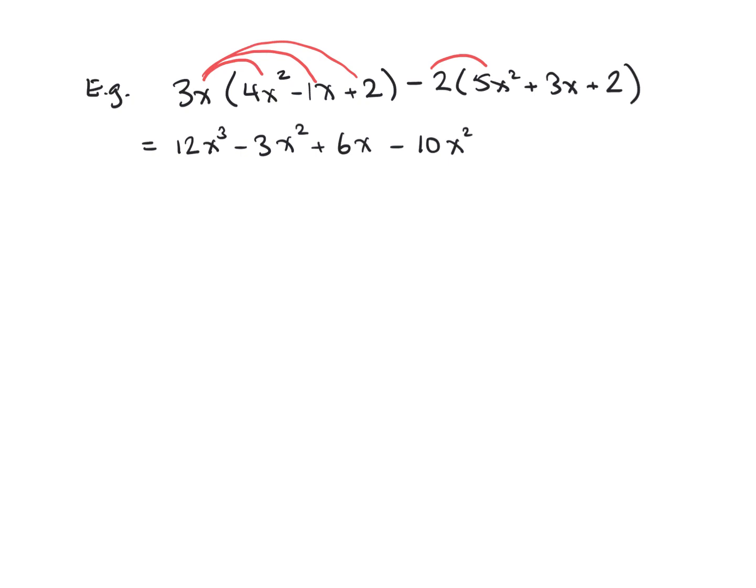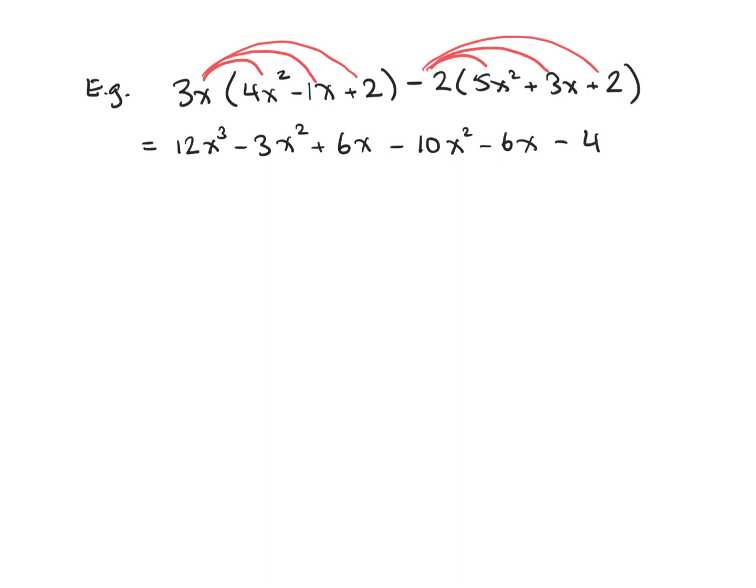Next, negative 2 times positive 3x. The number part is negative 2 times positive 3, which is negative 6, and the letter part is x. And finally, negative 2 times positive 2 is negative 4. So that's the first line, and that's applying the distributive property twice to the two sets of brackets.